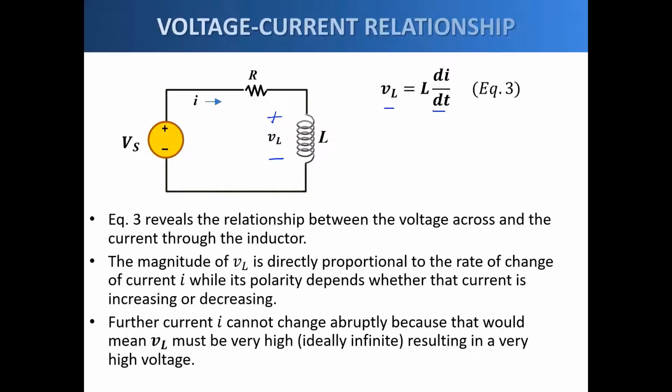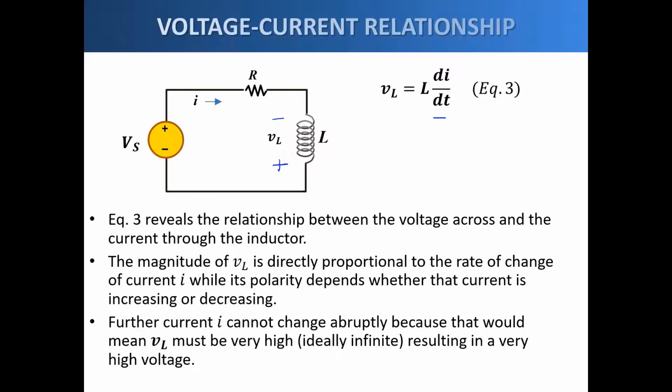Also, if the current is decreasing, that means that the slope must be negative, and therefore the polarity of V sub L must be plus here and negative there. Further, it tells us that the current through the inductor cannot change abruptly.